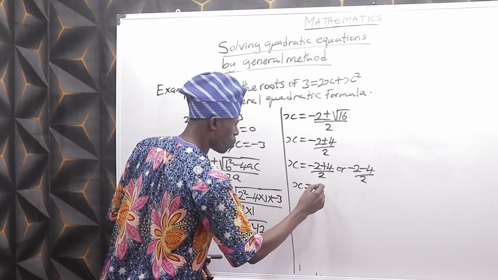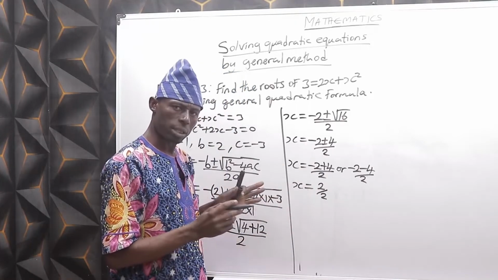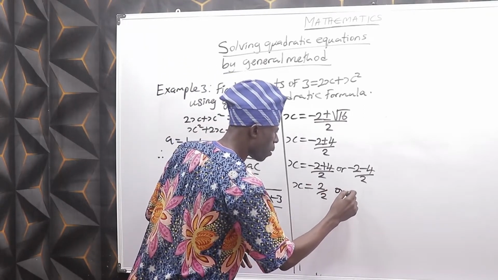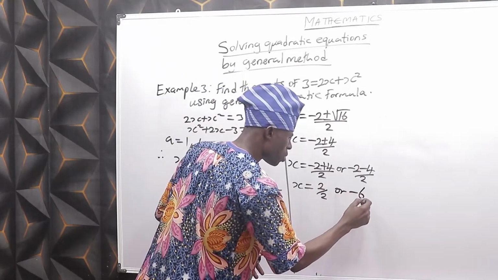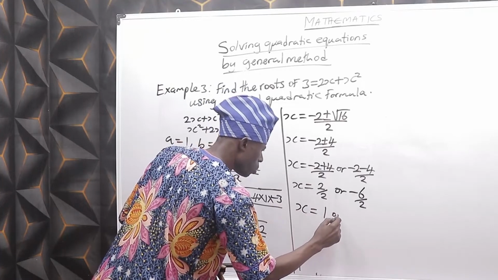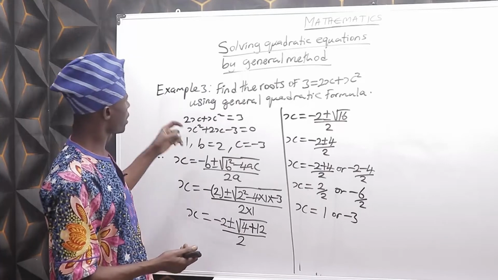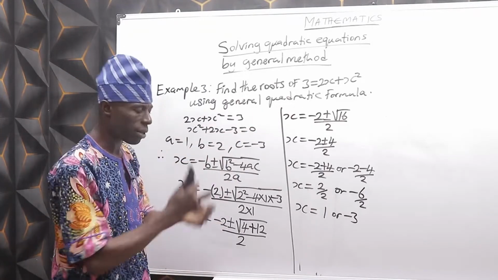X is equal to 2 over 2, since minus 2 plus 4 is positive 2, or minus 2 minus 4 is minus 6 over 2. And finally, x will be equal to 1 or minus 3. So the roots of this quadratic equation are 1 and minus 3.